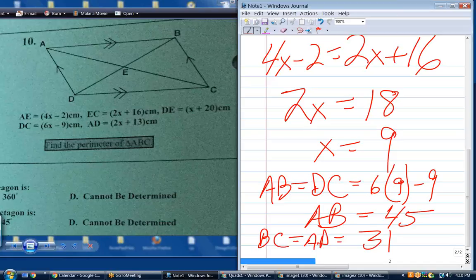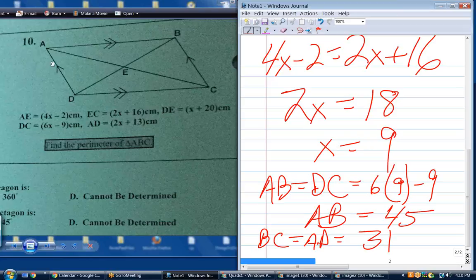And what is AC equal to? AC is equal to BD? Well, no, we already have... In other words, we now know 5 different measurements here, because every one of these lines is a function of x, and we know x is 9.